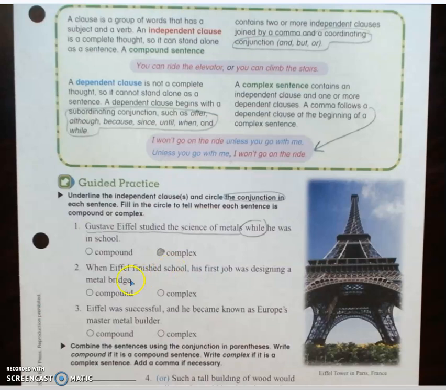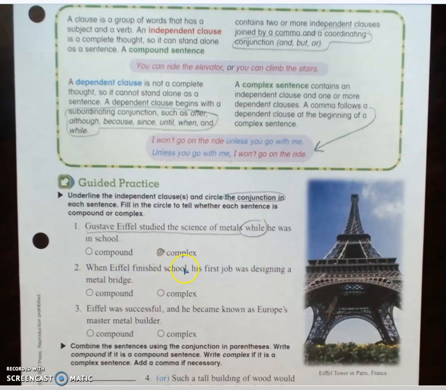Okay, so let's go to number 2. It says, when Eiffel finished school, his first job was designing a metal bridge. Which part of that sentence do you think is independent? It could stand alone. It's a complete thought all by itself. Do you think it's when Eiffel finished school?